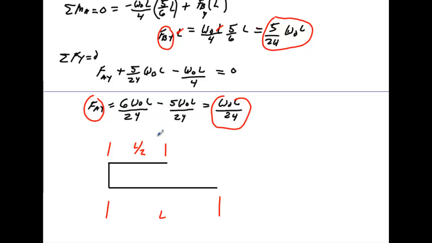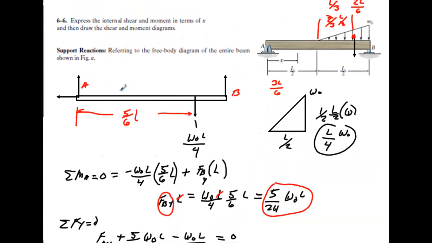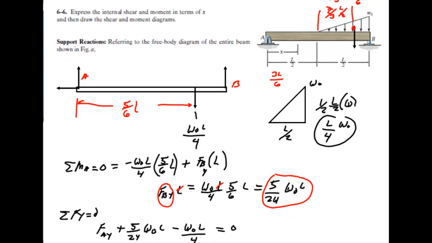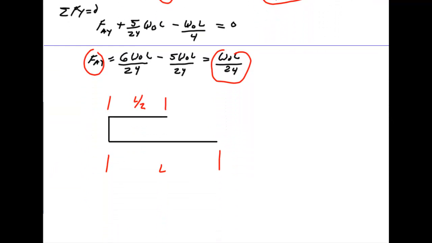Okay, now what I'm going to recommend is, before you start drawing this shape, go to the other end. We know that B is going to be 5/24 W naught L, so that has to return it back to the equilibrium point, so we can come down 5/24 W naught L. So I'll draw this line down here.